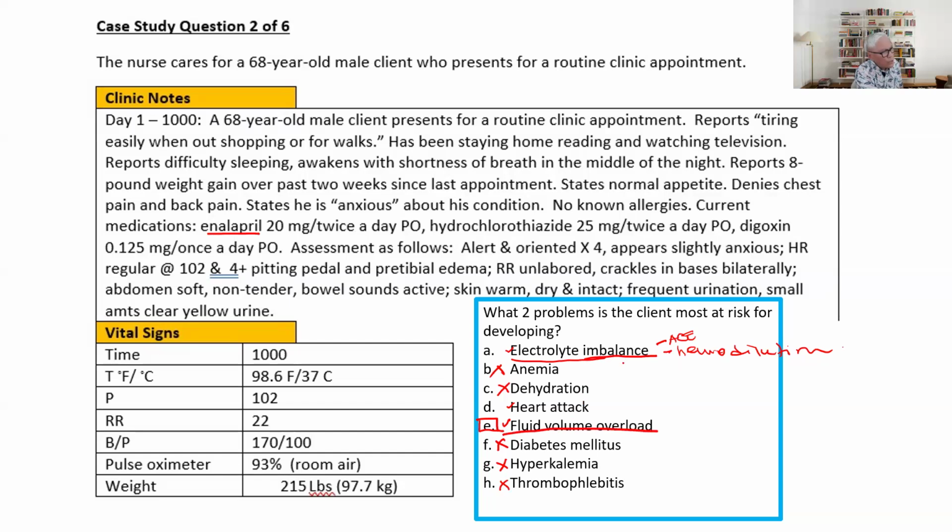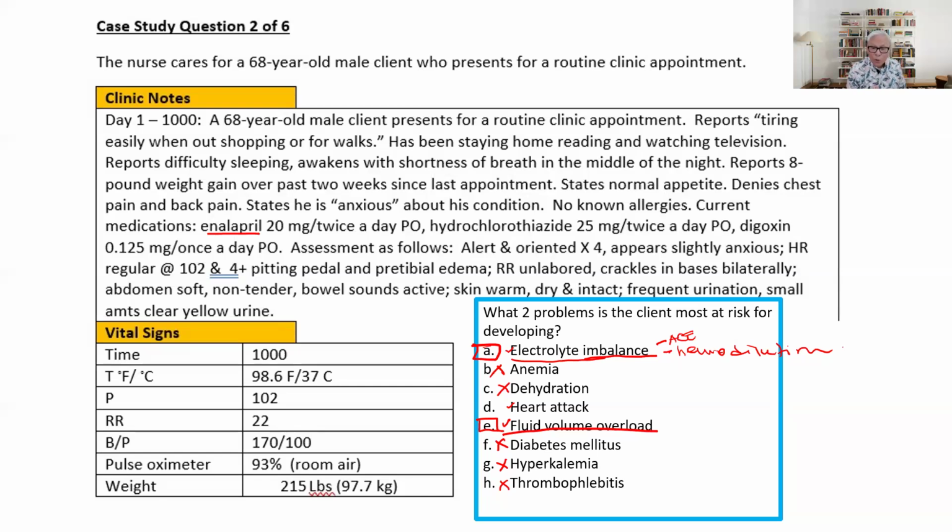So based on this, I would say that letter A and letter E are the most likely choices. The client has worsening heart failure. He is at risk for fluid volume overload, as well as electrolyte imbalances from hemodilution in particular, but it could also be a result of the use of enalapril.